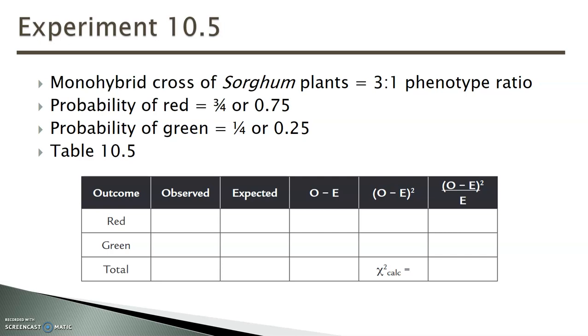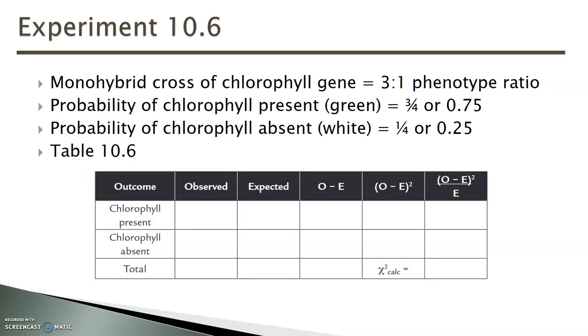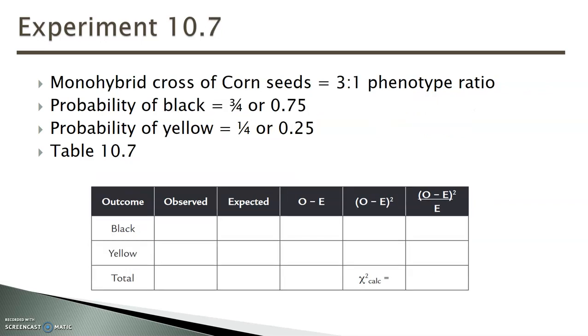In 10.5, this will be plants, red versus green. In 10.6, this will also be plants with the chlorophyll gene or without, which is an albino plant. And 10.7 is looking at corn, black corn seeds versus yellow corn seeds. You're going to count these, and then use your expected values to determine how close you are to the expected 75%, 25% split.